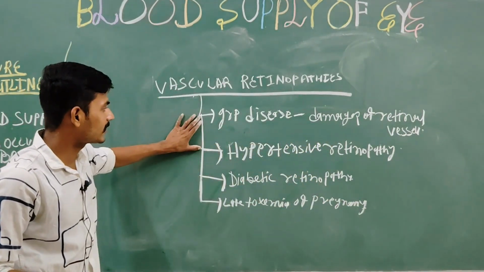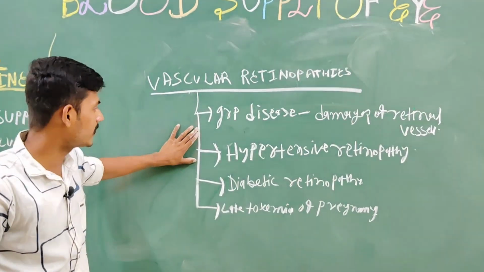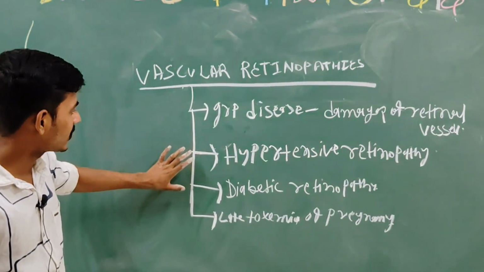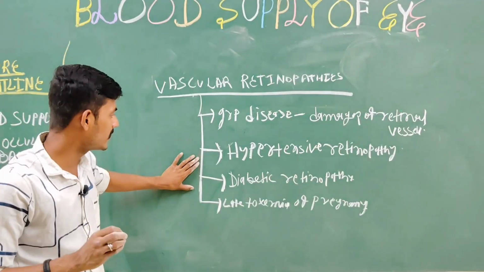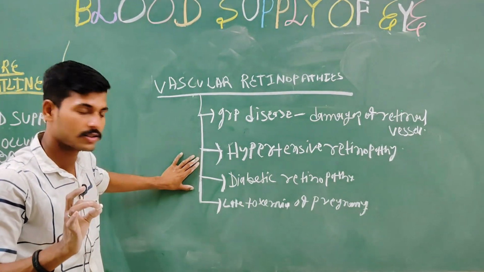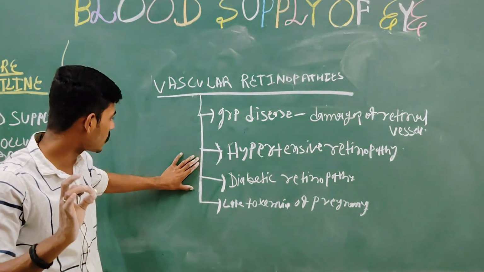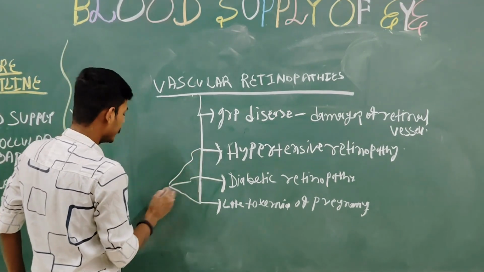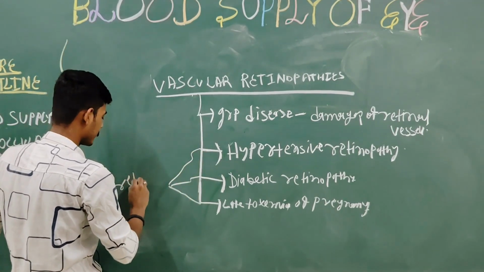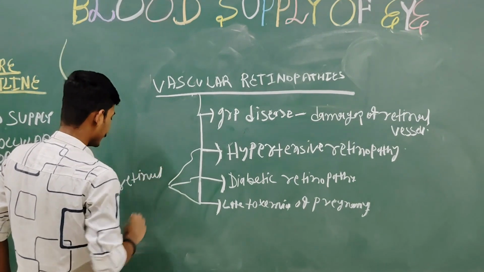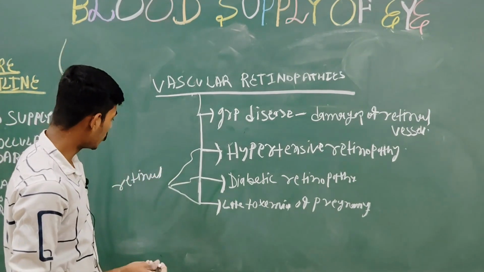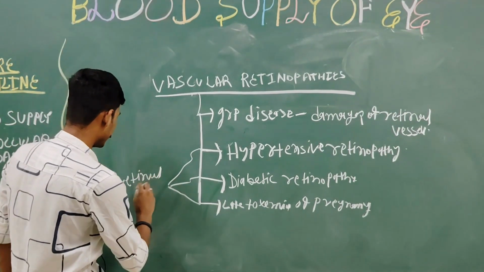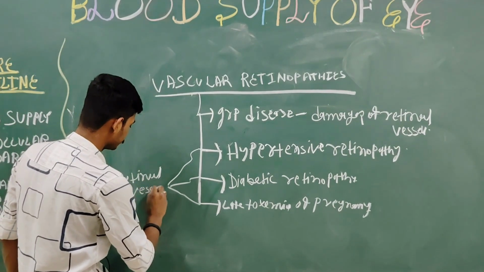So these are the three known diseases. There are others as well, but these three are pronouncedly associated with damaging the retinal vessels.